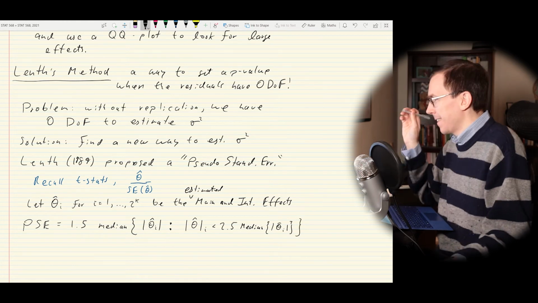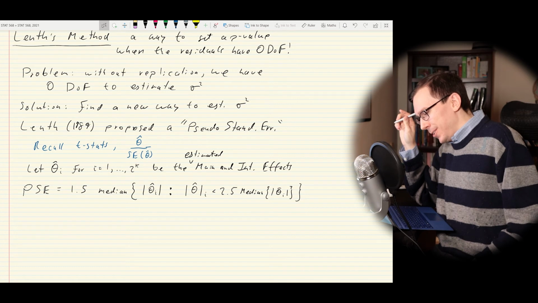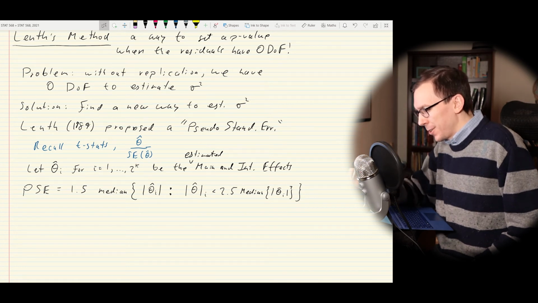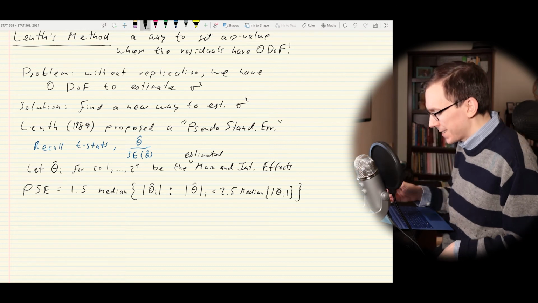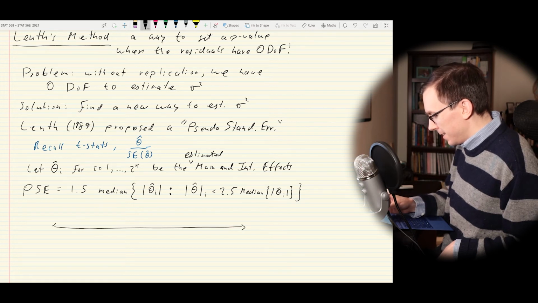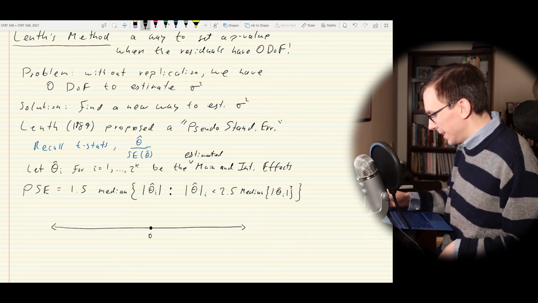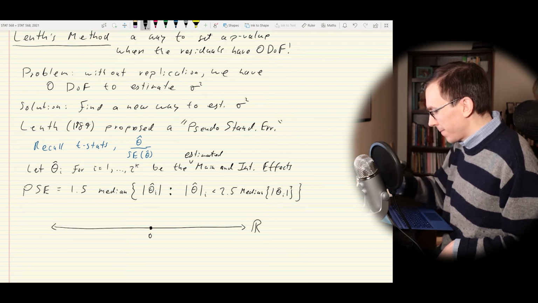Something that looks like that. So what in the world is a nested median thing doing here? Well, let's draw a picture because I think that will help explain it. If I have my line here, this is 0, and this is just the real line.